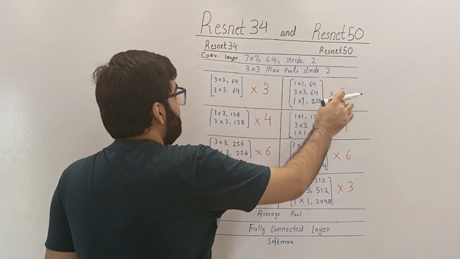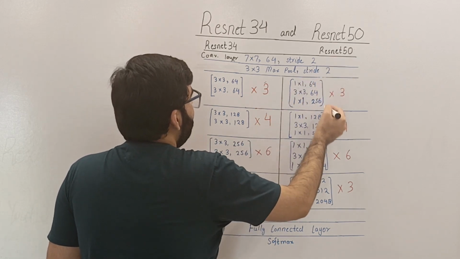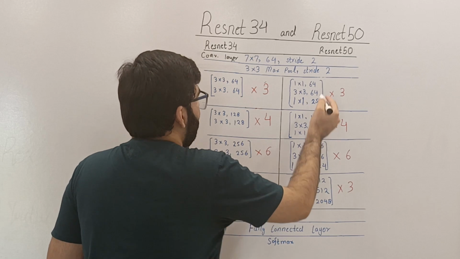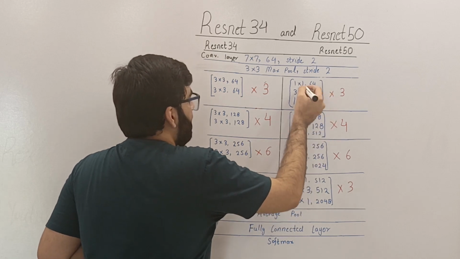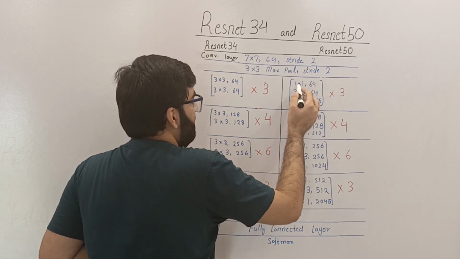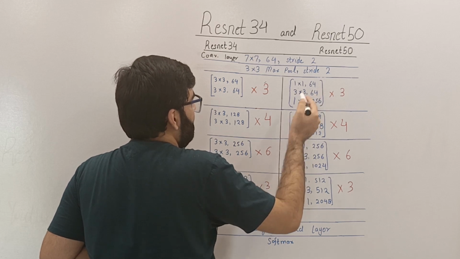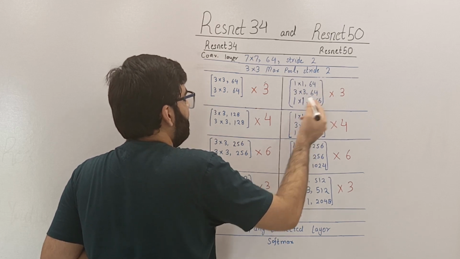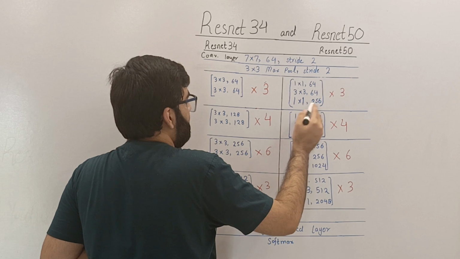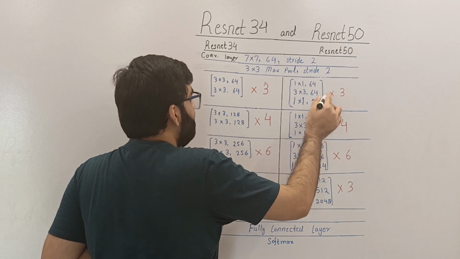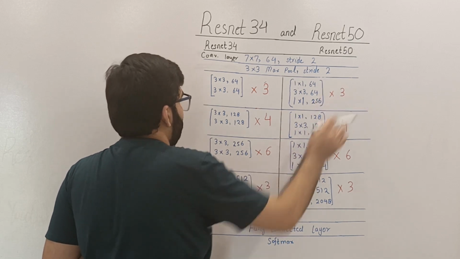However, in ResNet 50, the residual block, these square brackets, has 3 convolutional layers. The first one with 1 by 1 filter size and 64 filters, the second one with 3 by 3 filter size and 64 filters, and the third one with 1 by 1 filter size and 256 filters, and such a residual block occurs 3 times.